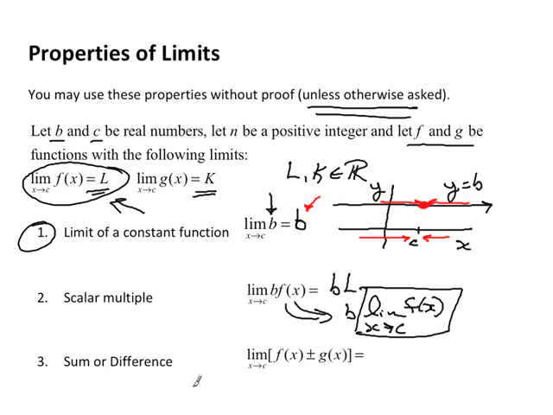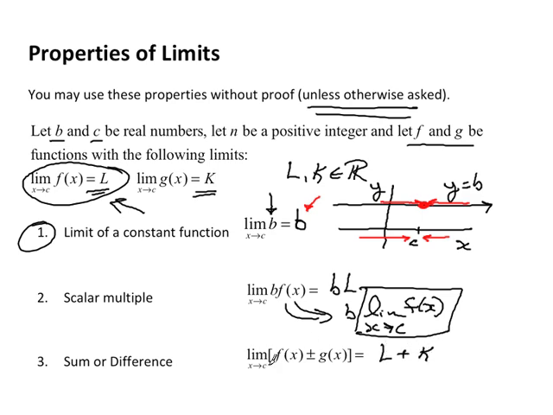The sum or difference. If I take the limit as x approaches c of some function f of x plus or minus some other function g of x, well, if the limits for f of x and g of x are both defined, and they are because we said it's L and k, then this must simply be L plus or minus k.